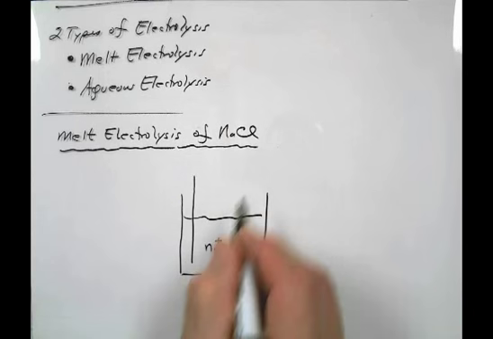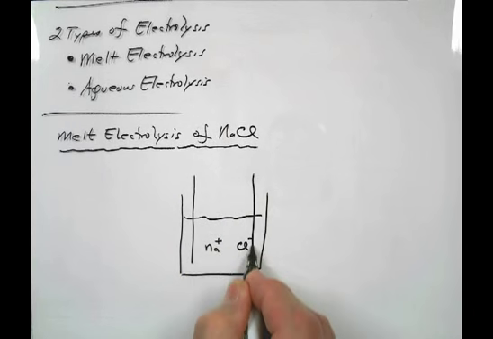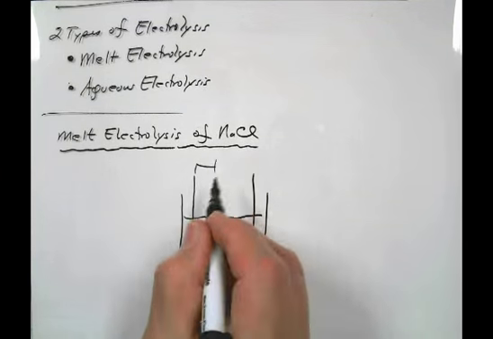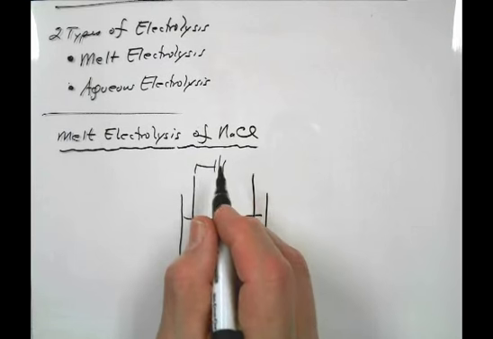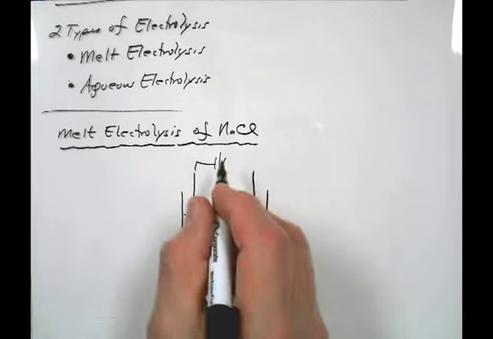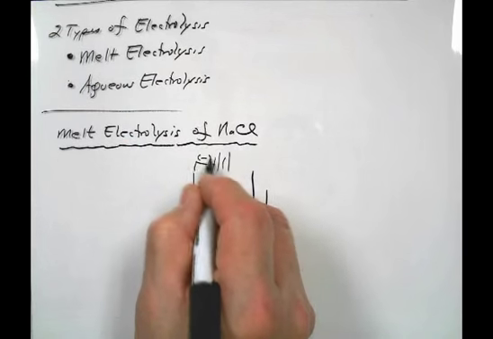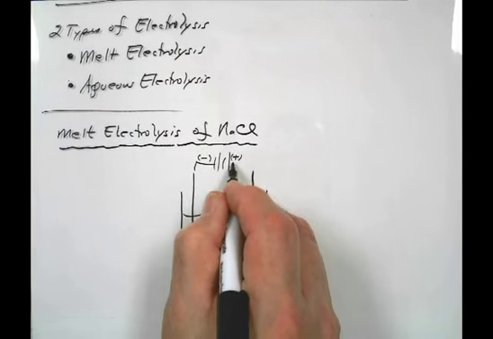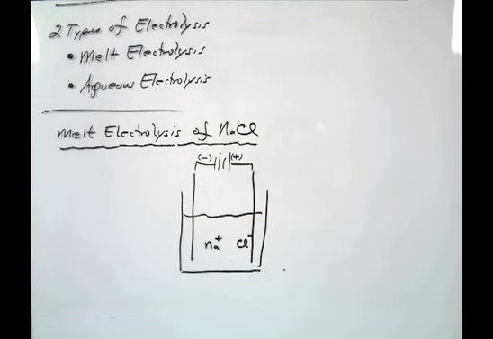Here's an electrode. I think I've got my poles backwards on the symbology.